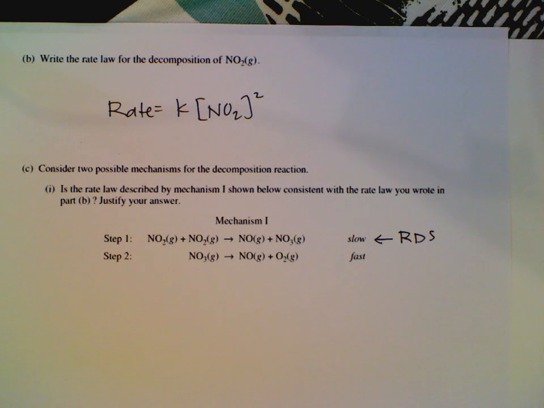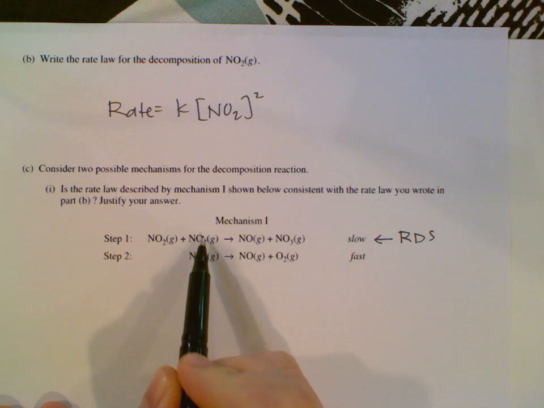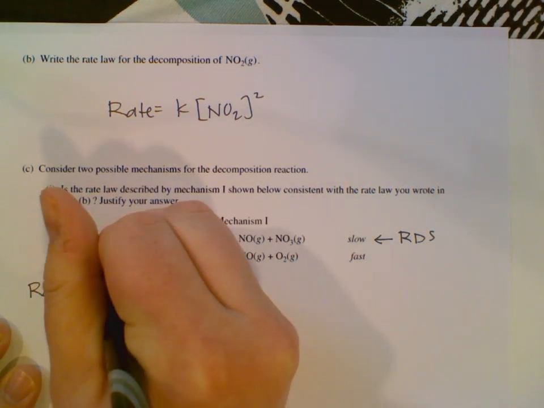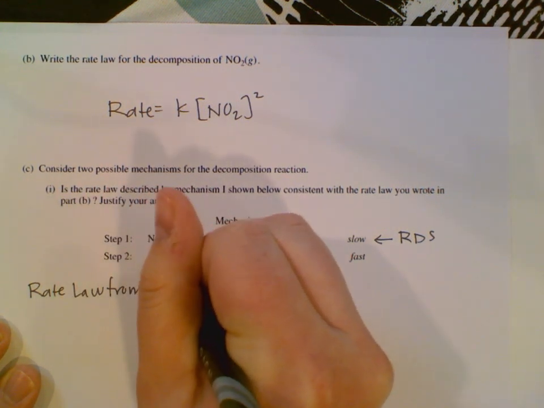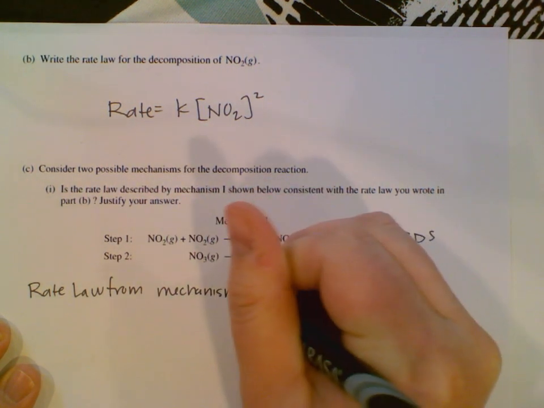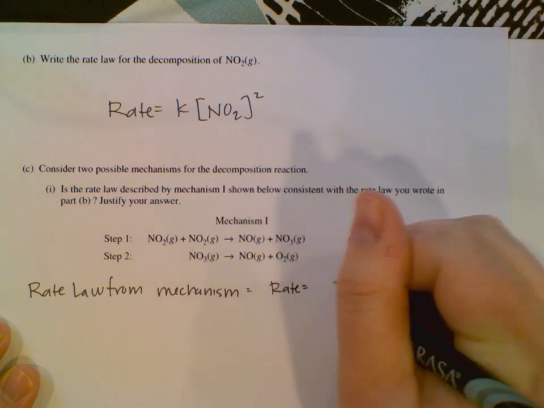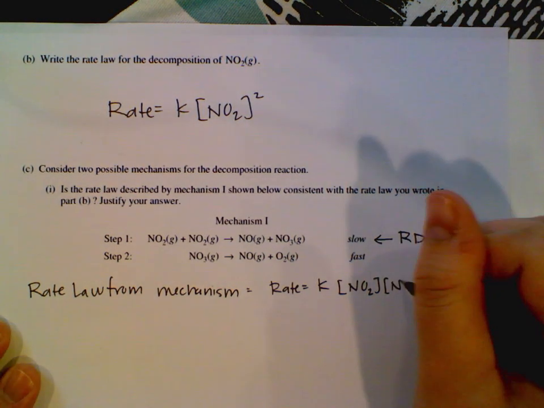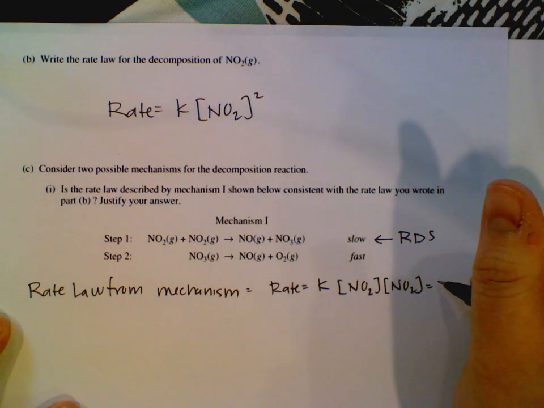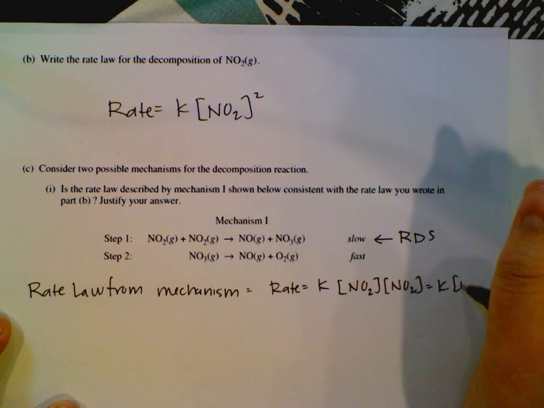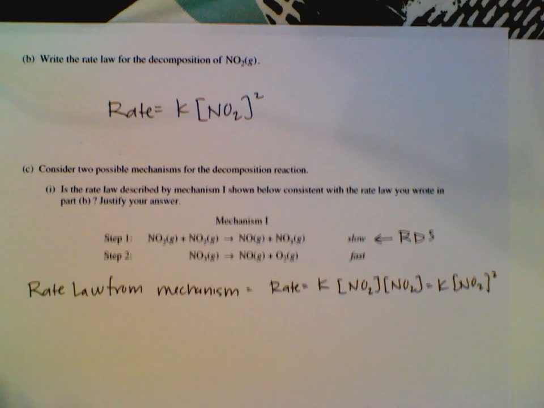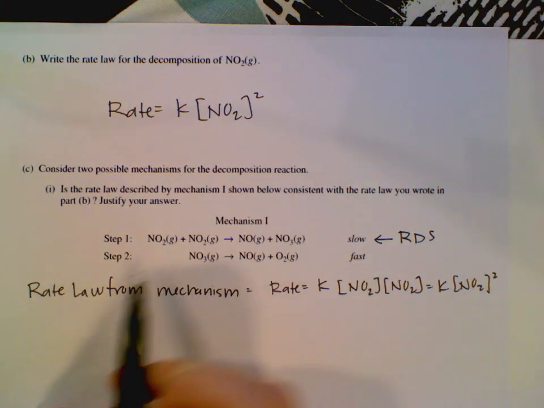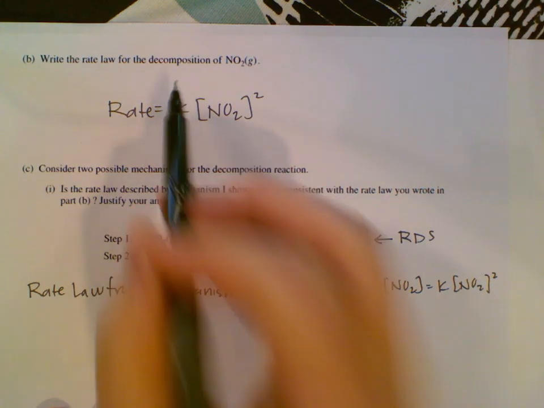So if we look here, if I would determine the rate law for the mechanism, I would put rate equals K times the concentration of NO2 times the concentration of NO2, which equals K times NO2 squared. So if we look, basically, based on this mechanism, the rate law that comes from the mechanism matches the experimental amount.